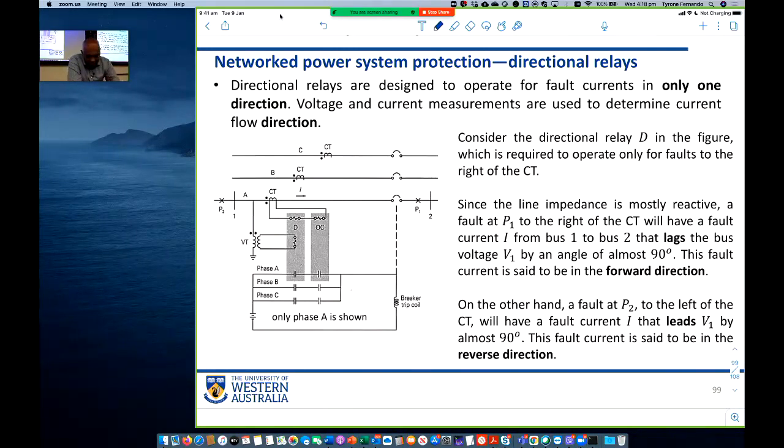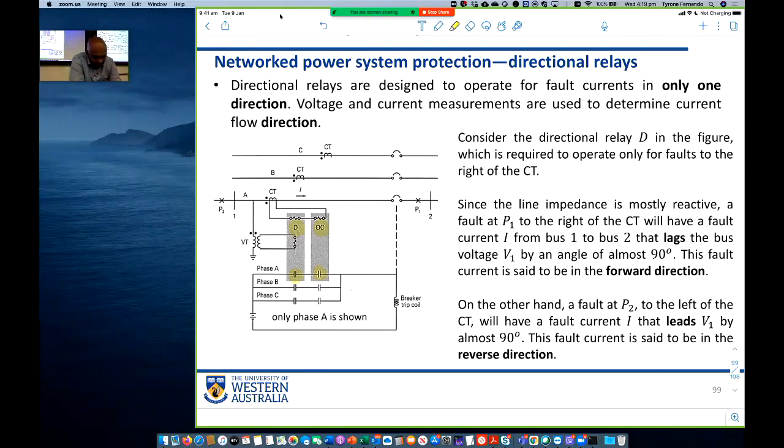So there is an element here which will determine the direction, and there is an element that deals with the overcurrent. In order for this to occur, both the direction has to be right and it has to exceed the overcurrent limit.